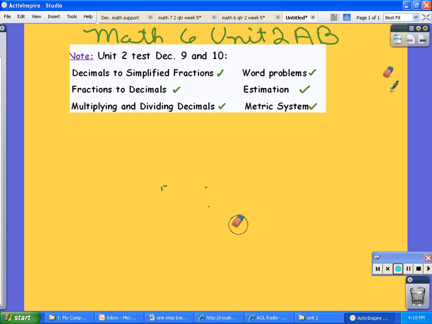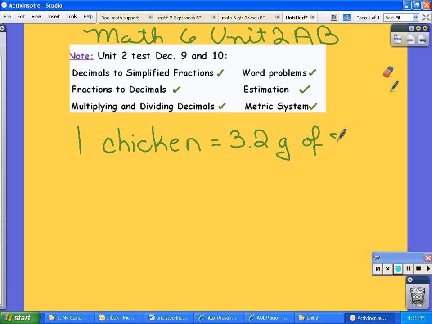All right. Something else that they might see is more of a word problem where they'll say, for one piece of chicken, you need 3 2/10 grams of salt. About how much salt will they need for 200 pieces of chicken?